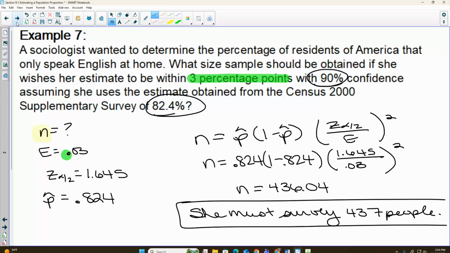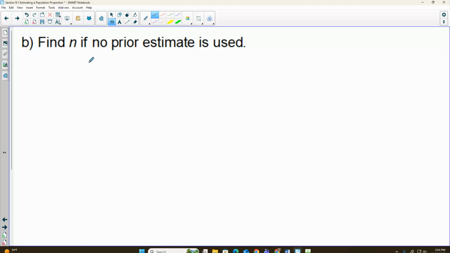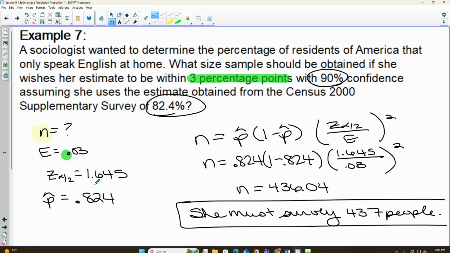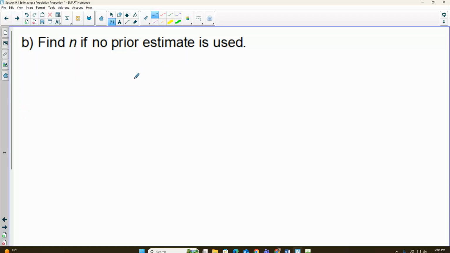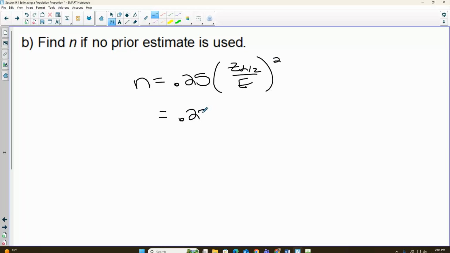And last one. Find n if no prior estimate is used. So I'm going back and doing this again, but this time we're not going to use that census value. It tells me if I don't have a prior estimate, n is 0.25 times Z alpha over 2 divided by E squared. My Z alpha over 2 is still 1.645.